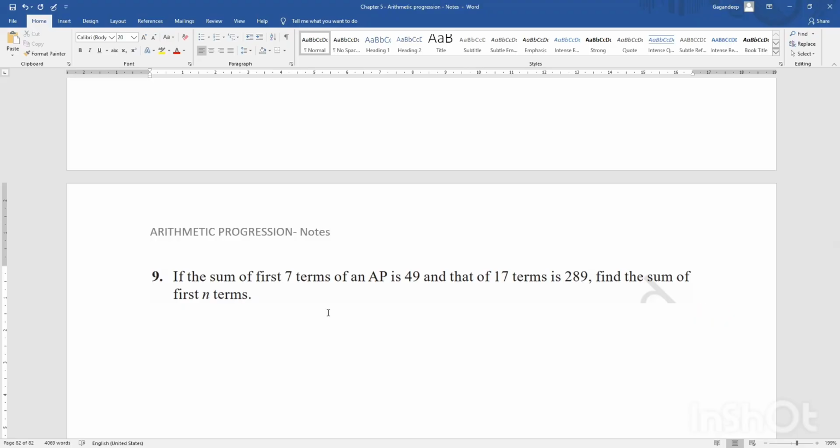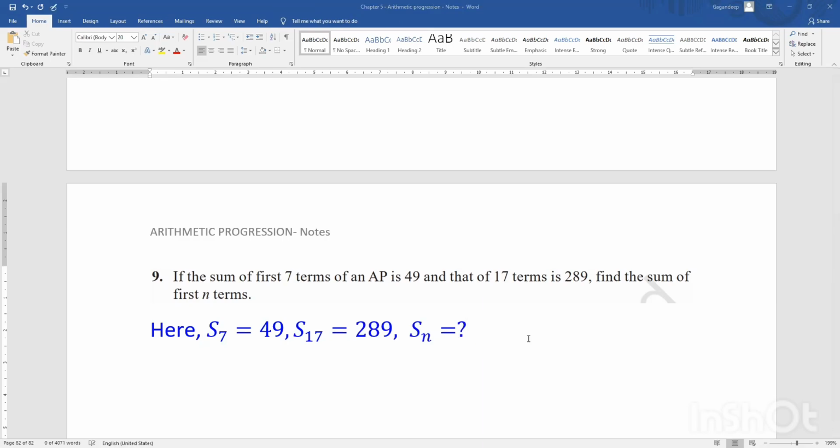Okay. So let us write down that. So here we have S7 equals 49. And then we have S17 equals 289. And then what is Sn equal to? Sn is question mark.